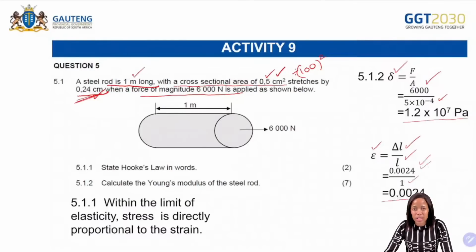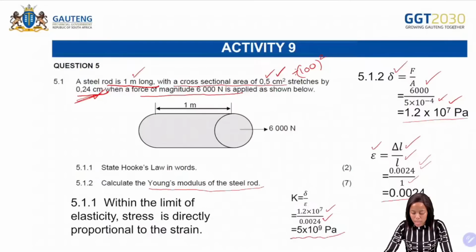Remember, for the strain, we don't have units. Then to calculate the Young modulus of the steel rod, we say stress divided by the strain. We just take the answer that we got for stress and the answer that we got for the strain, and that should give us 5 times 10 to the power of 9 Pascal. Where's the Pascal coming from?